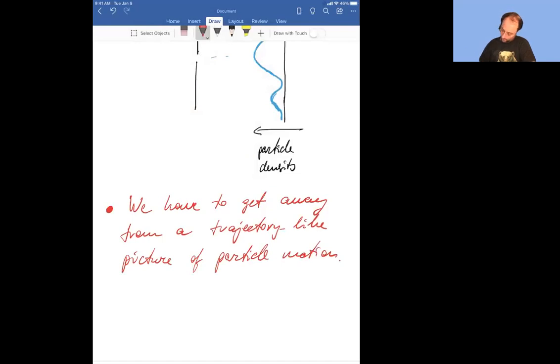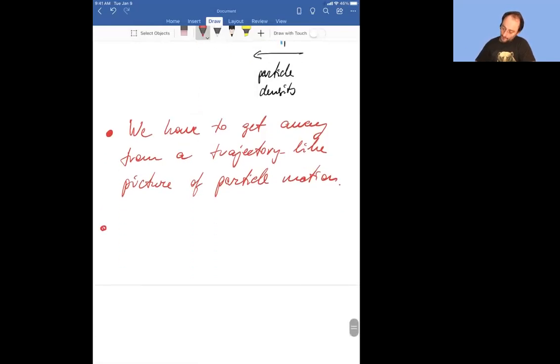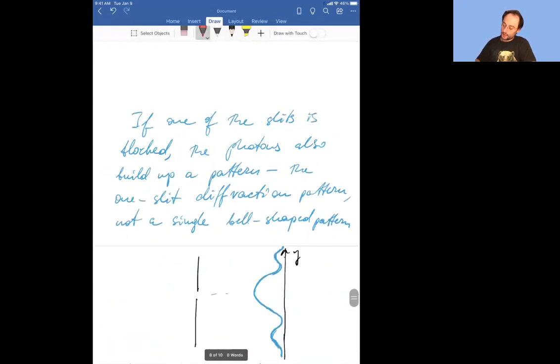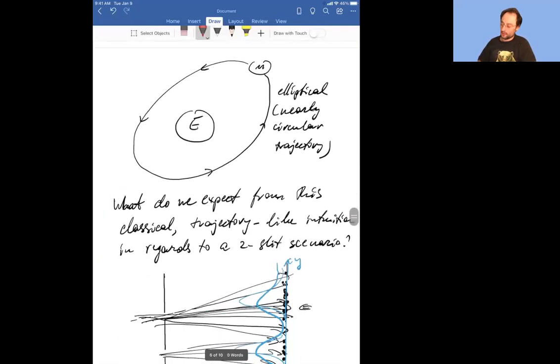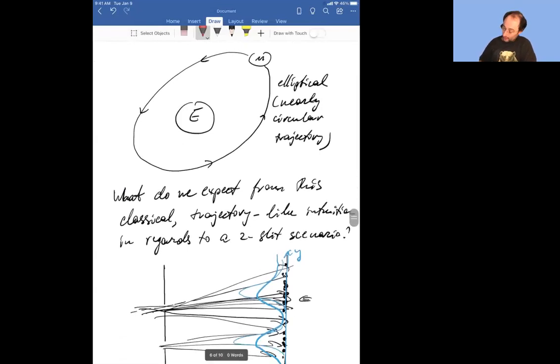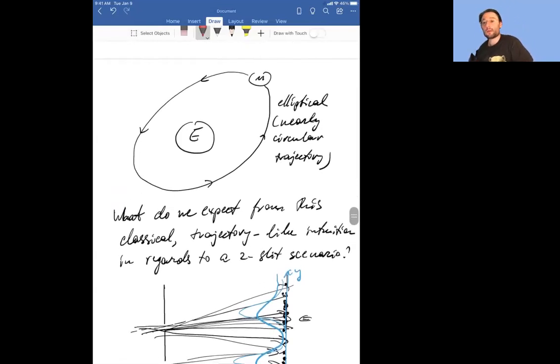That's point number one. And point number two is that the process is inherently random. In classical mechanics, when we talk about motion of baseballs, comets, planets, stars, there is no randomness. The behavior can be extremely complex. It can be chaotic if there are enough bodies involved. But it's predictable.